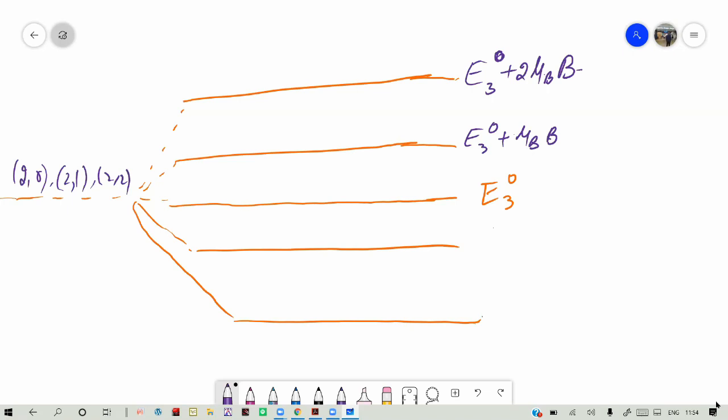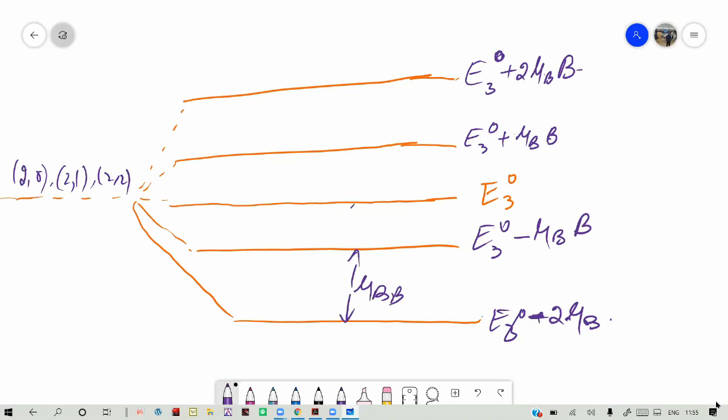So this is E30 minus mu B B, and this is E30 minus 2 mu B B. This spacing is always mu B B, always equal spacing.